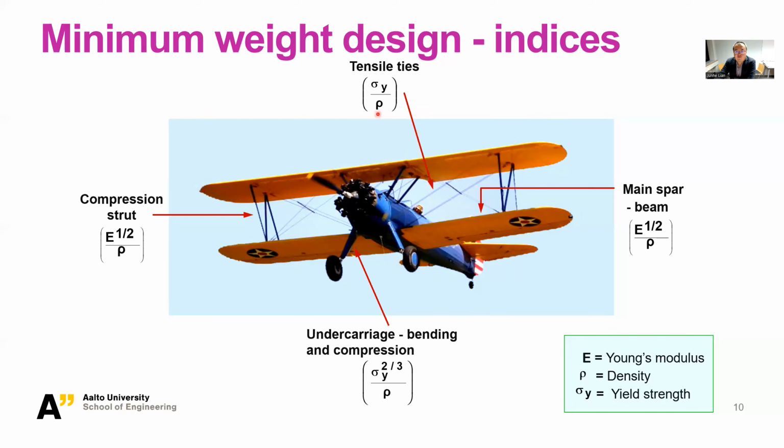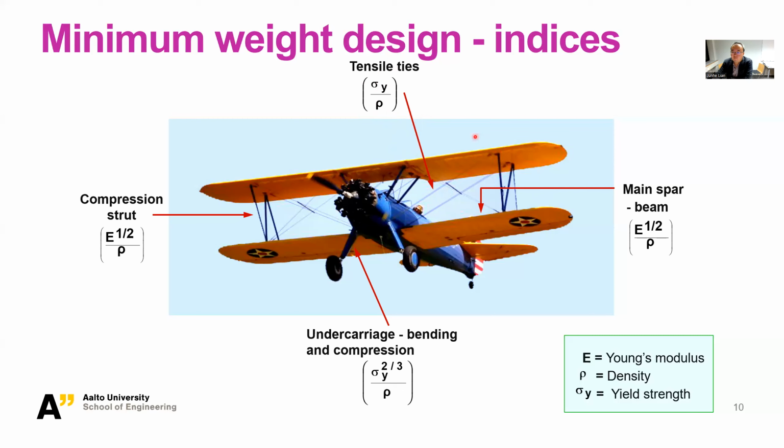Taking a few examples, for this rod here, the requirement is that it should be as strong as possible. It is subject to tensile loading, and we should aim for a specific yield strength.